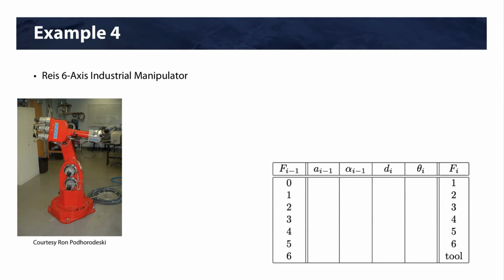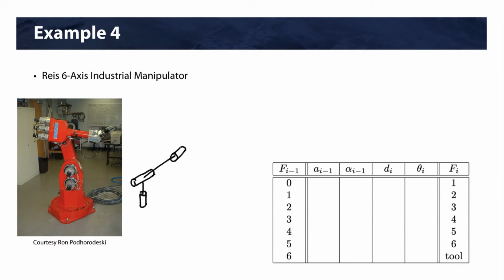All right, our next example is the Rice 6-axis industrial manipulator. Let's first just draw a schematic of what this layout looks like. We would have our base joint, which is perpendicular to another revolute joint, which is parallel to another joint.